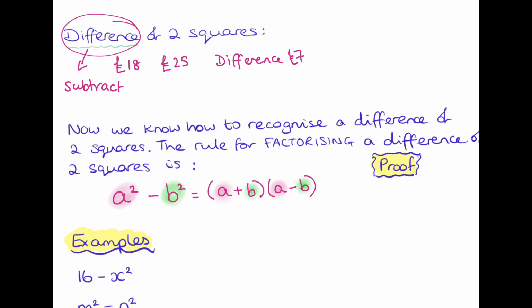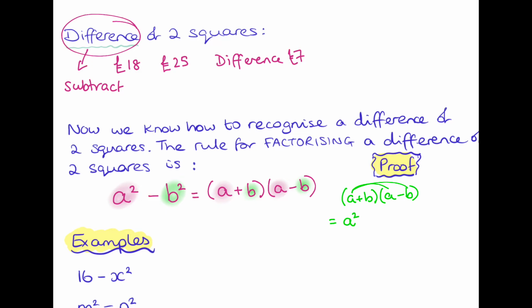So if we've got a plus b times a minus b, and we multiply that out using the techniques that we've been learning last week, a times a is a squared.